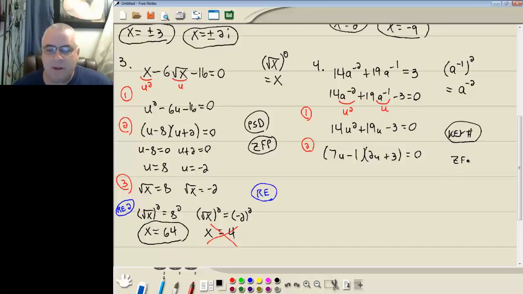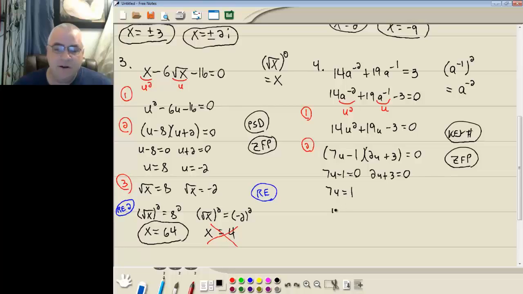Okay, zero factor property. You get 0 on one side, you factor the other side, you set each factor equal to 0. So I got 7u minus 1 equal to 0, and 2u plus 3 equal to 0. And then I want to solve these. So here I'll take negative 1 over, I get 7u is equal to 1, or u is equal to 1/7.